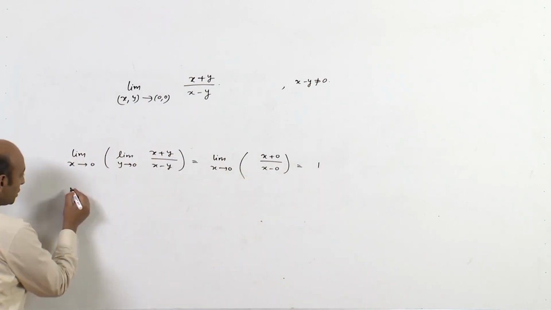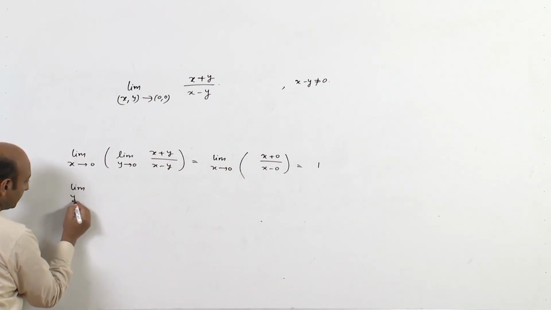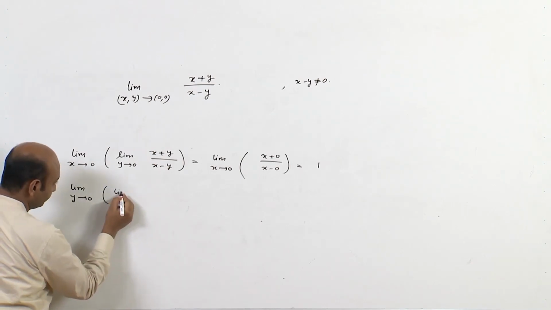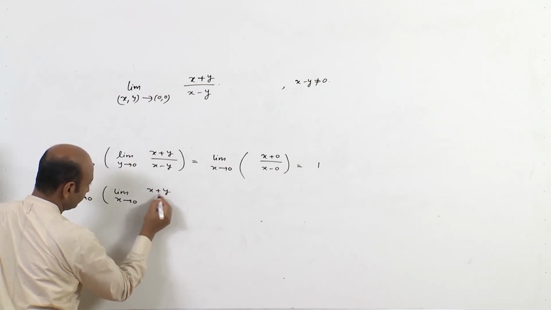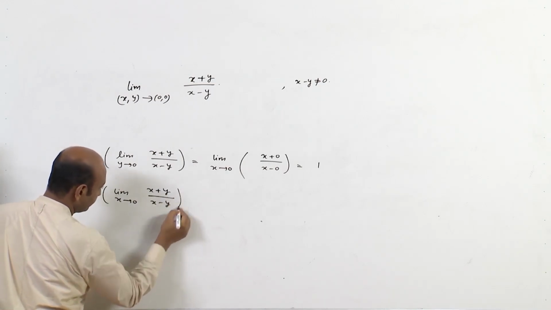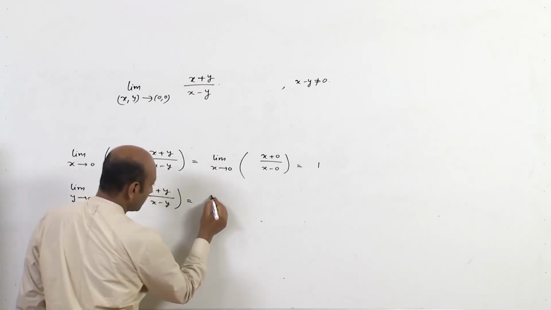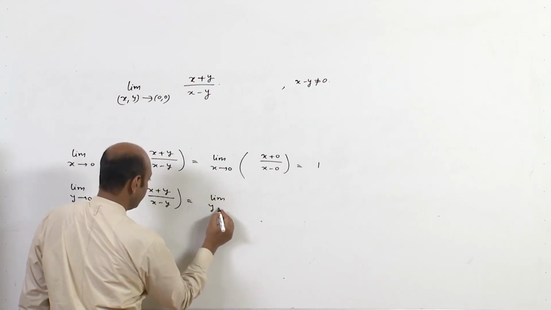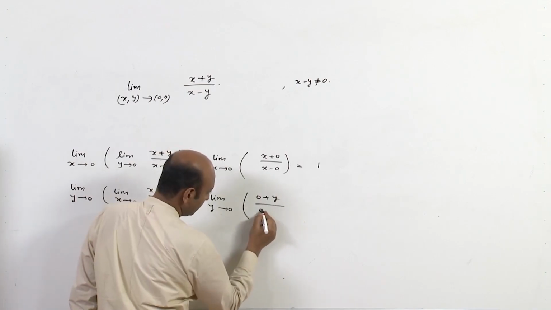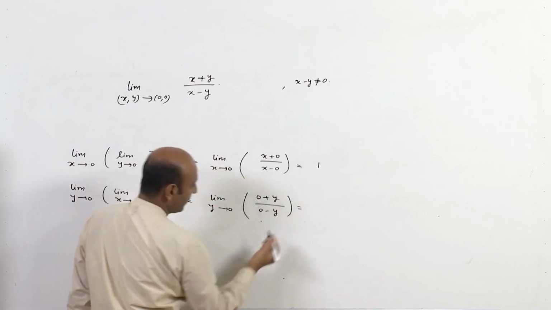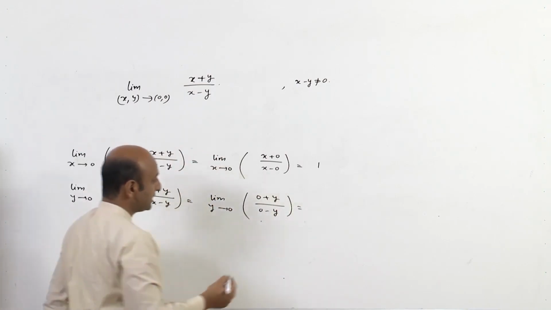Now you take the other iterated limit: limit y tend to 0 of 0 plus y upon 0 minus y, and when you take y tend to 0, it is minus 1.